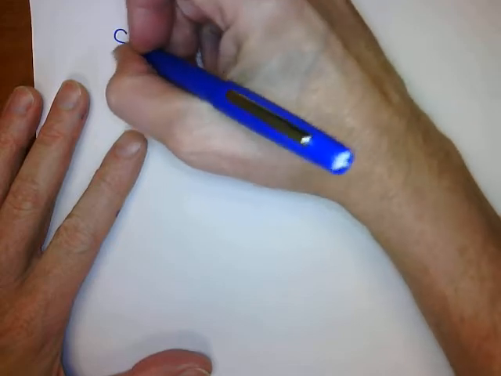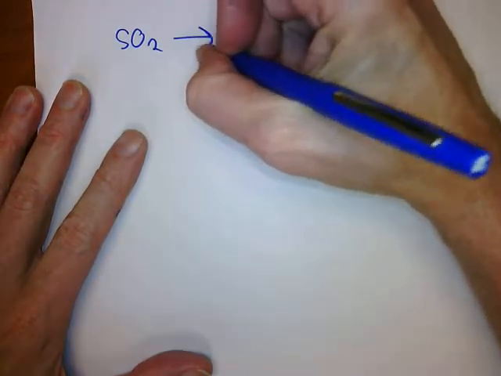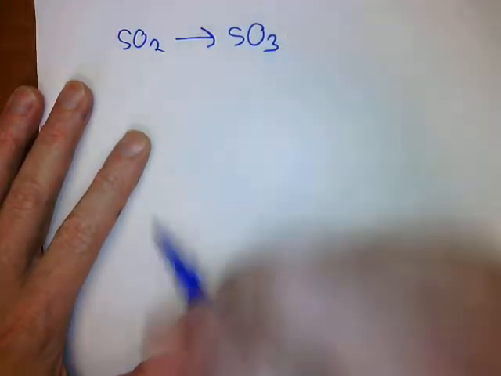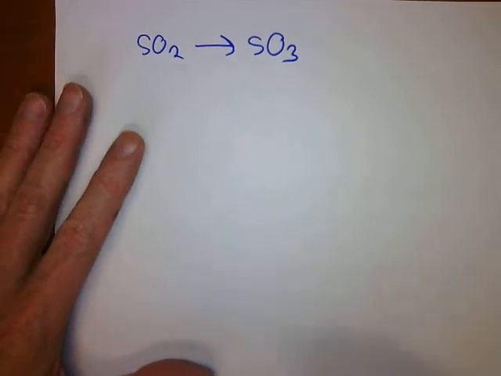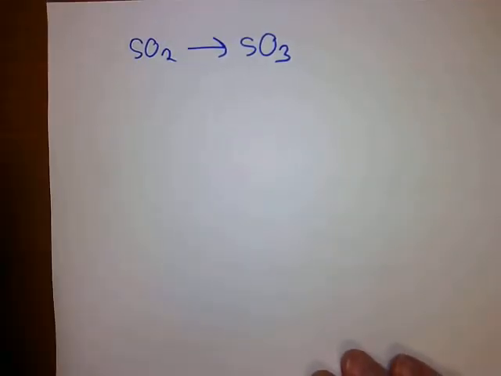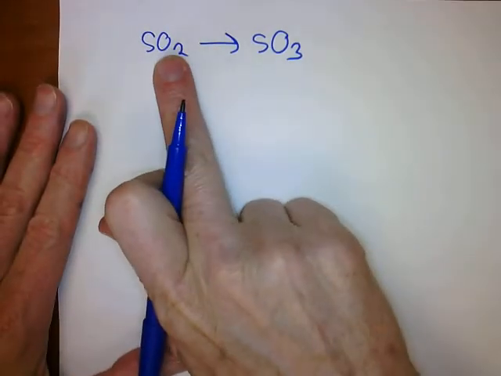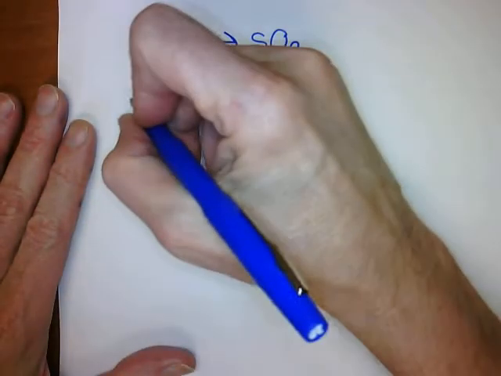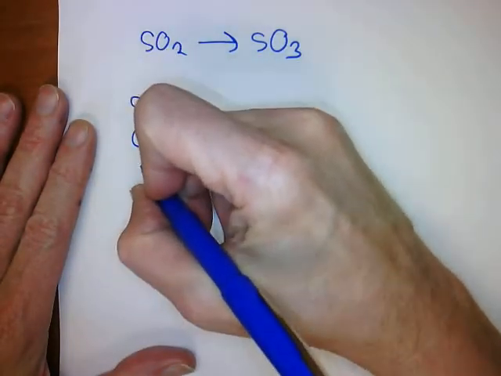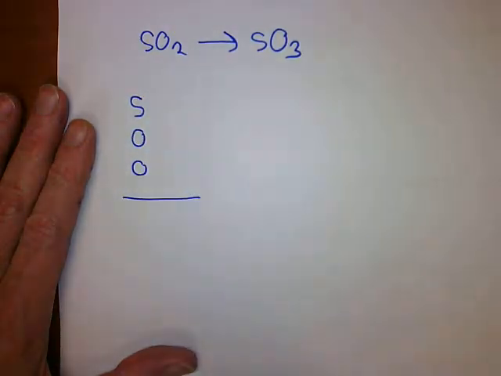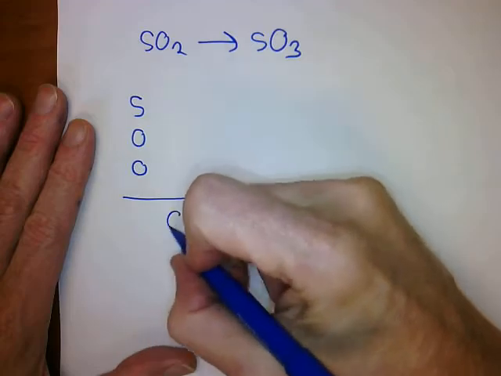Now, what about this example I gave back at the start of the video? I said, what if I told you sulfur dioxide to sulfur trioxide constitutes oxidation of sulfur? Now you can see why that is. In the sulfur dioxide, we have sulfur and we have 2 oxygens, and it all has to add up to 0.